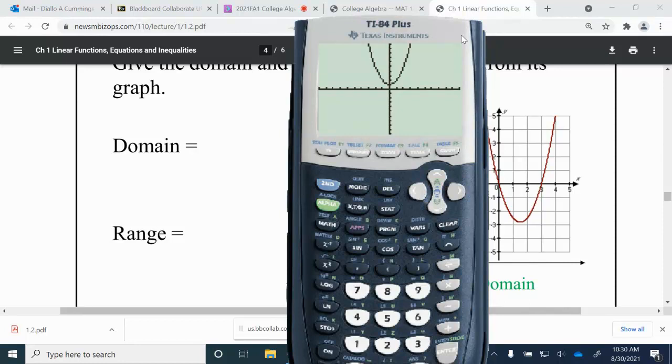So we have a parabola or a U-shaped graph, which is what a quadratic equation produces. Will it pass a vertical line test? And the answer is yes.